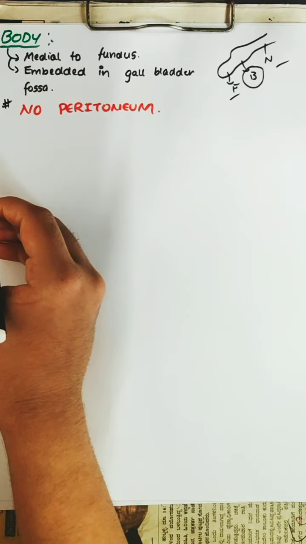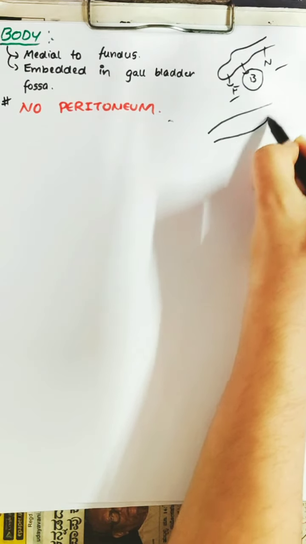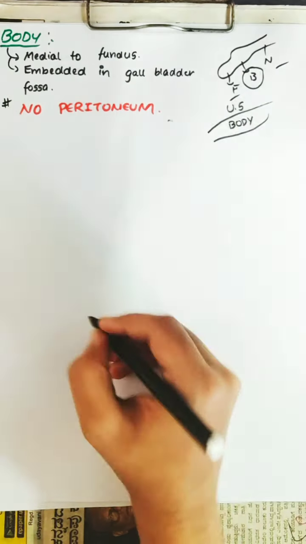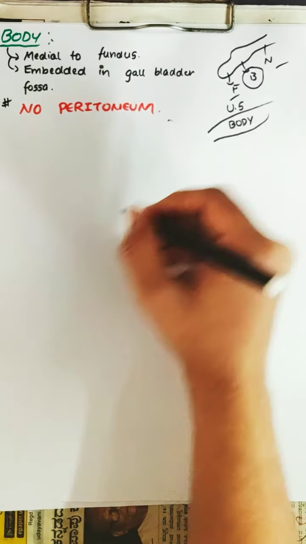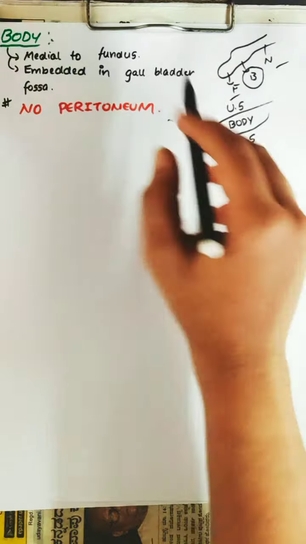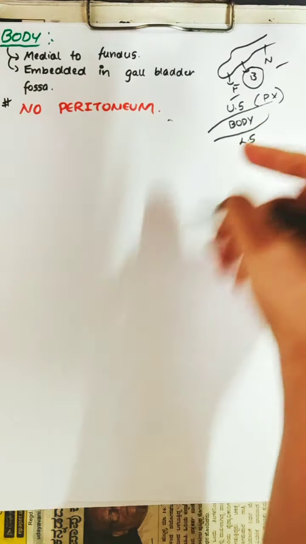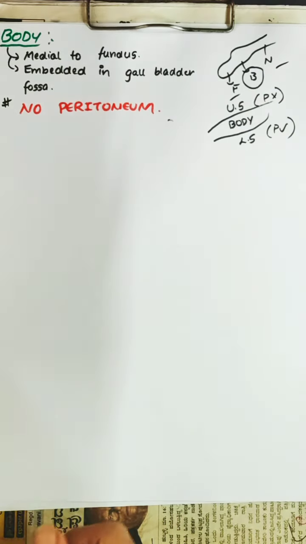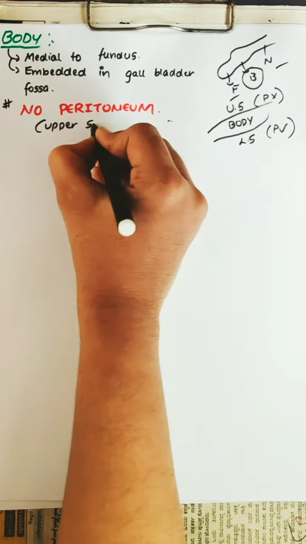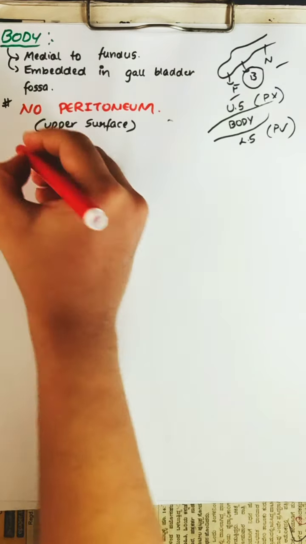Listen, this is the body. This is the upper surface of the body, and this is the base, the lower surface of the gallbladder. Peritoneum is absent in the upper surface, whereas peritoneum is present in the lower surface.